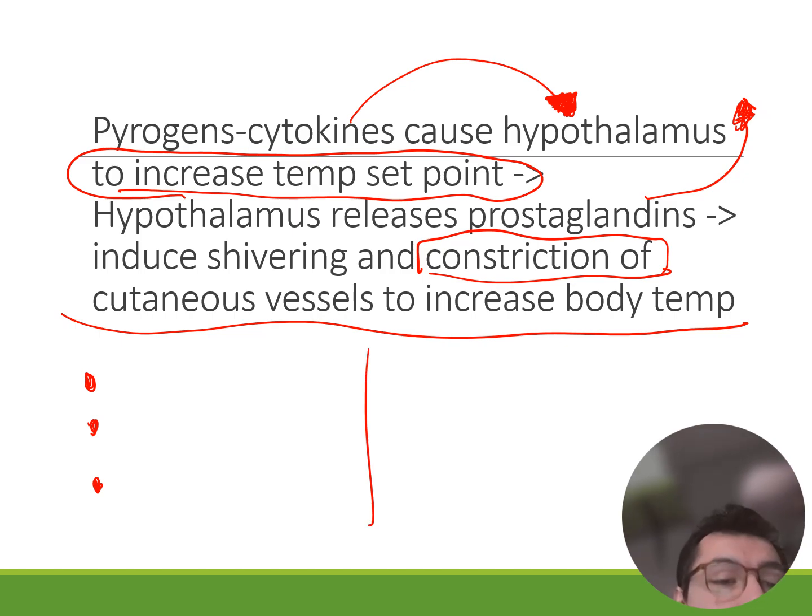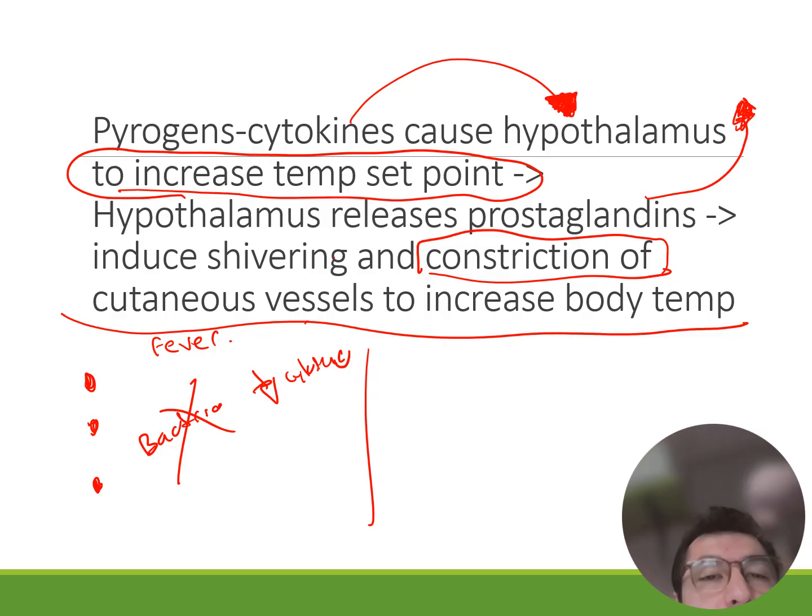The fever sometimes may naturally subside if the prostaglandins decrease on their own. So if the bacteria is destroyed, there will be a decrease in cytokines or pyrogens, and that decrease in cytokines will tell the hypothalamus to stop the prostaglandin production, and the body temperature will come down to normal.